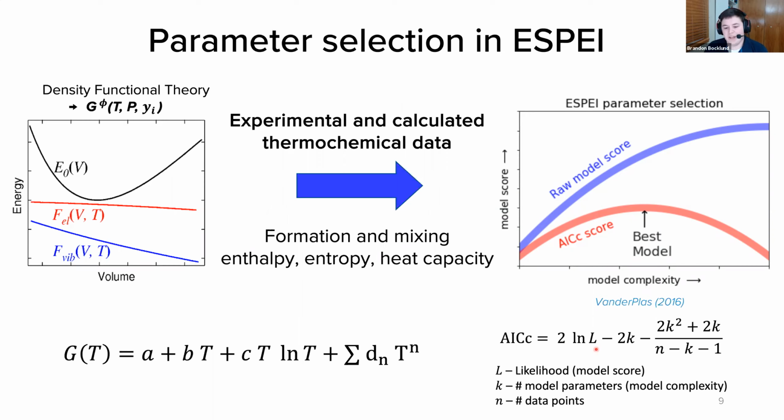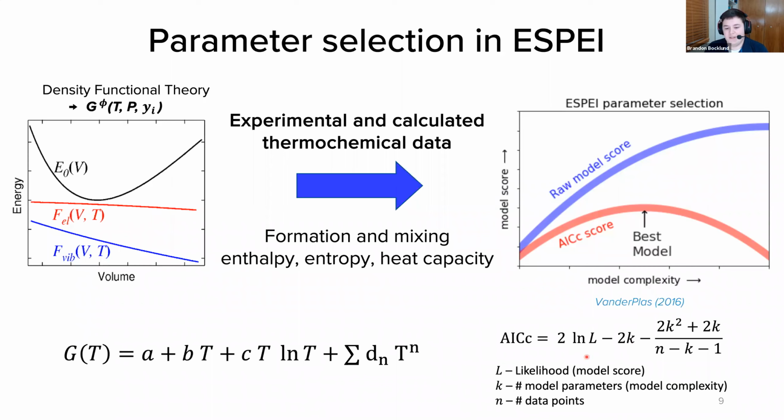Basically, we're calculating the likelihood for a particular set of parameters that are optimal. The likelihood is this model score, and then we are penalizing that model score by these two terms here. There's an initial penalty for increasing the number of parameters, so again, this model complexity K.